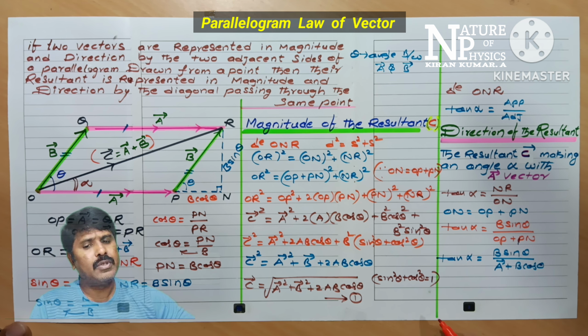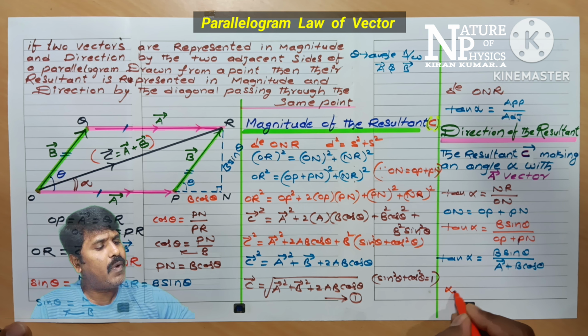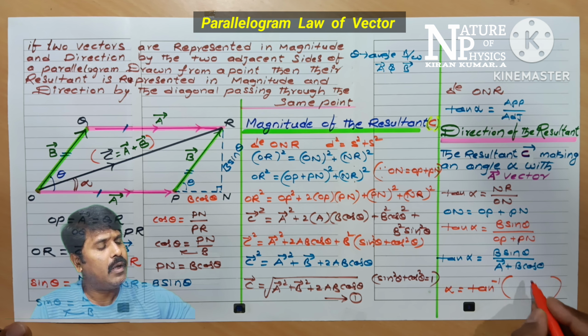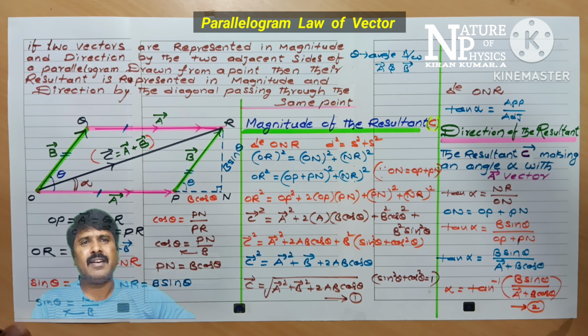And finally we can write alpha is equal to tan inverse of B sin theta divided by A bar plus B cos theta. This is equation number 2, which represents the direction in the parallelogram law of vectors.